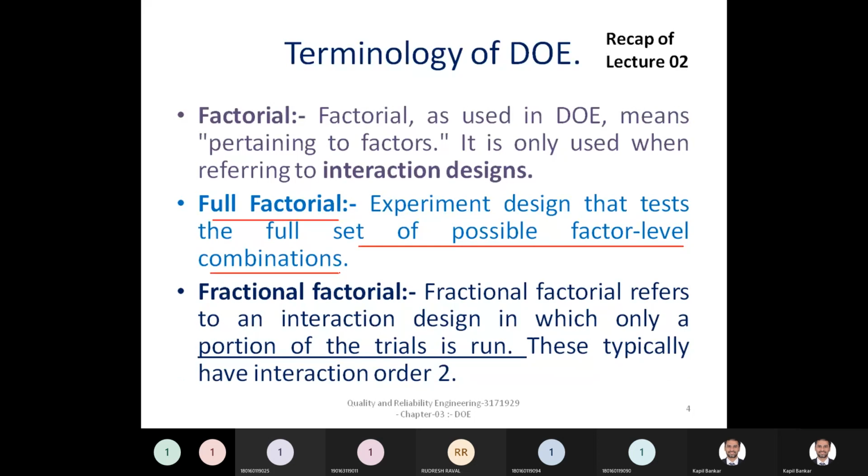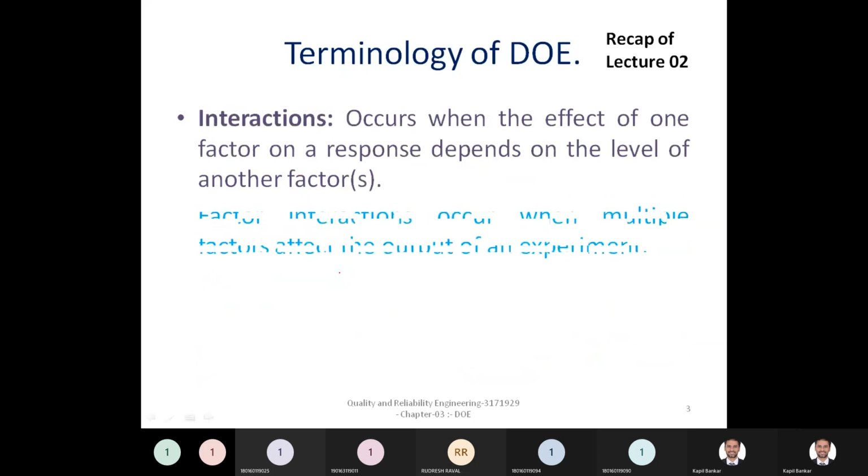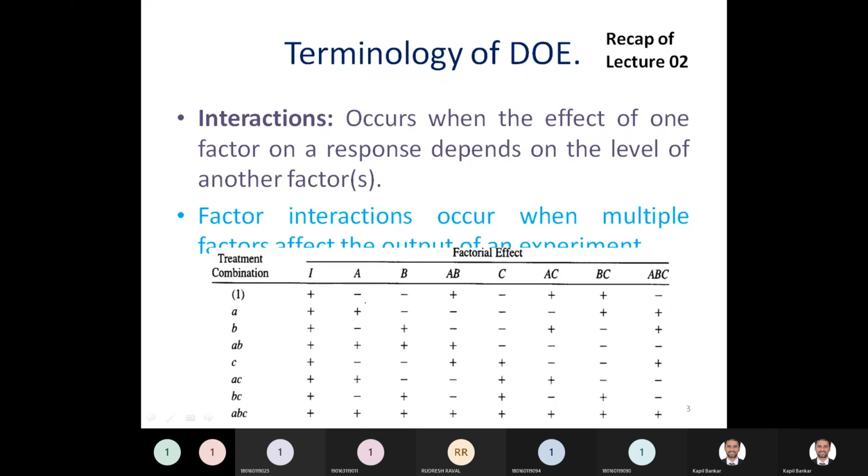While in fractional factorial, you can consider only the main effects and only the two-way interaction effects. Two-way interaction effect means what? In the previous slide, we have seen, yes, in this table, this is called a two-way interaction effect. So in fractional factorial design, this type of effect can be considered. Or among all these factors, you can consider only some of the factors in your design.